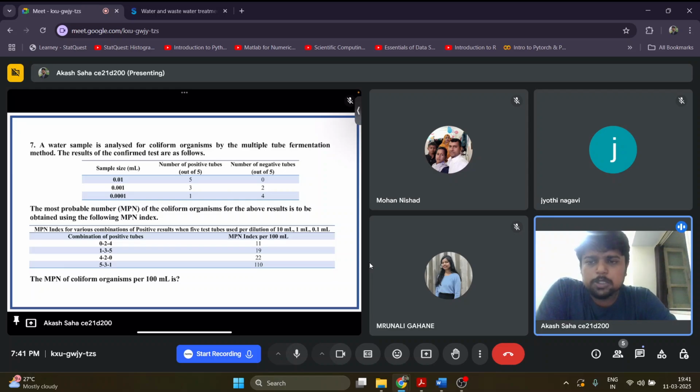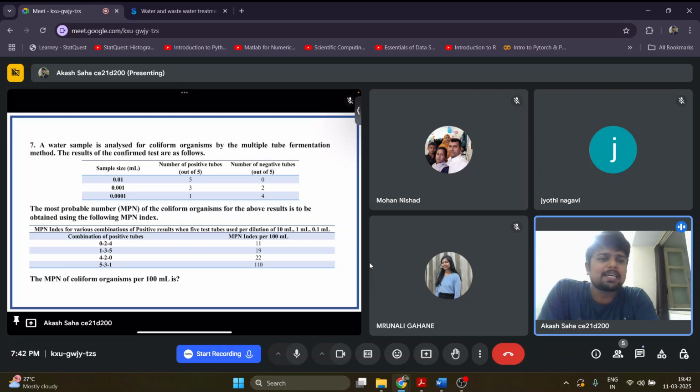Now, the most probable number, or the MPN, of these coliform organisms for the above results is to be obtained from the MPN index. Since it's a probabilistic technique, we have already calculated, for a given combination of positive tubes, what the MPN index per 100 ml will be. Just let me finish the question, because this is the major mistake that we make.